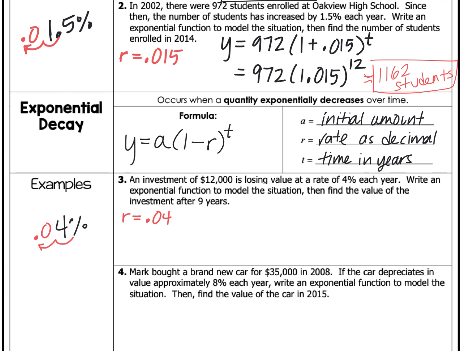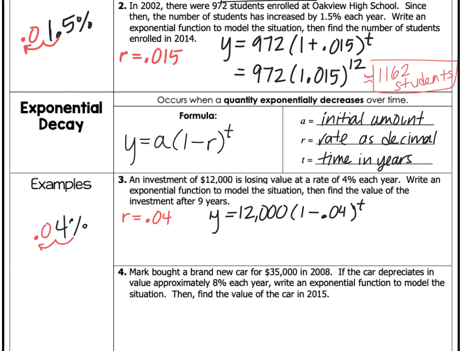Okay, plug that in. So notice the difference with this one. Because you're doing exponential decay and it is decreasing over time, I must have made a terrible investment, or maybe the economy is bad. Okay, 1 minus 0.04 raised to t time. You can do this in your head if you feel capable, quick maths, or you can use a calculator if you do not feel capable.